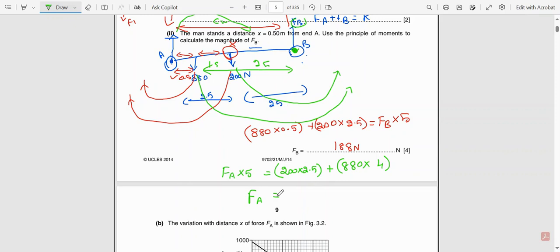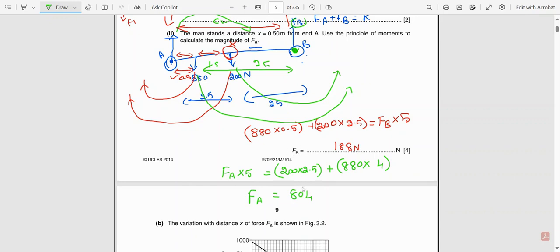Okay, let us calculate that. 880 into 4 will be 3520 plus 500, divided by 5. I'm getting FA as 804.